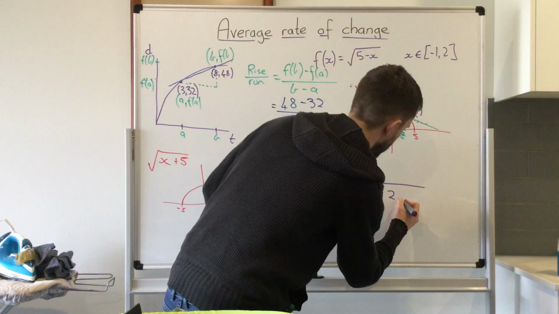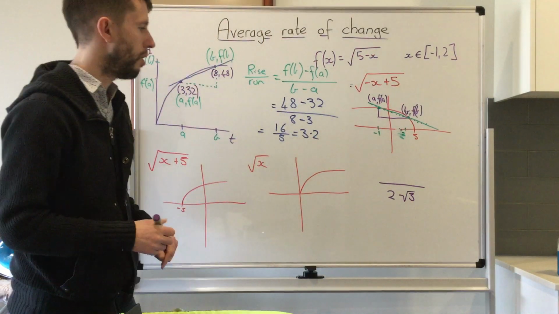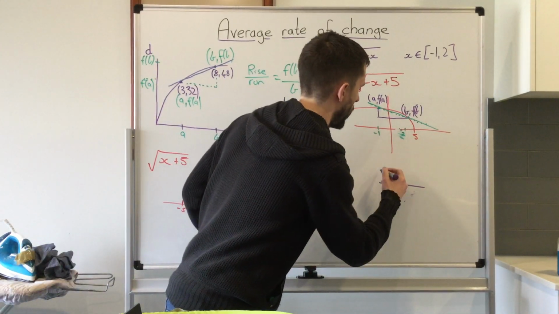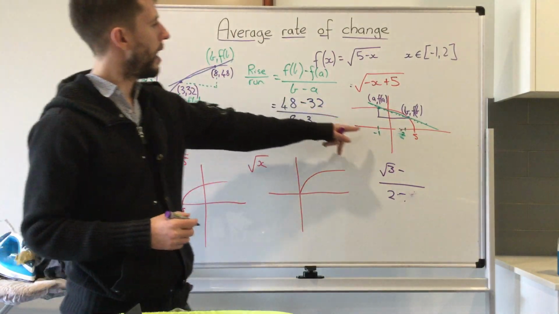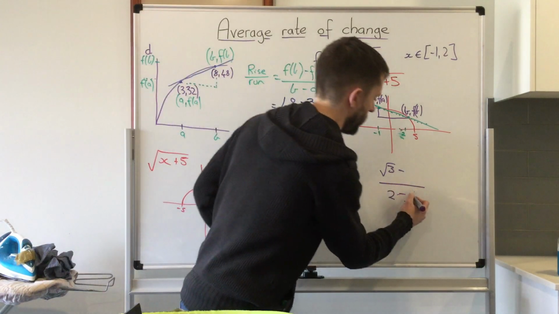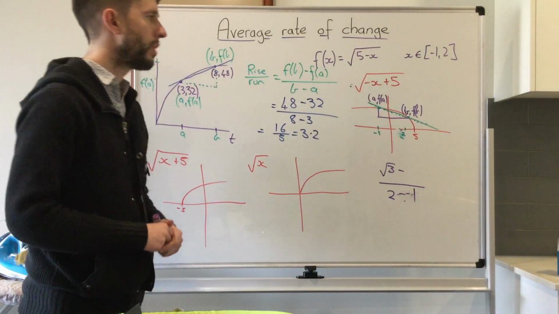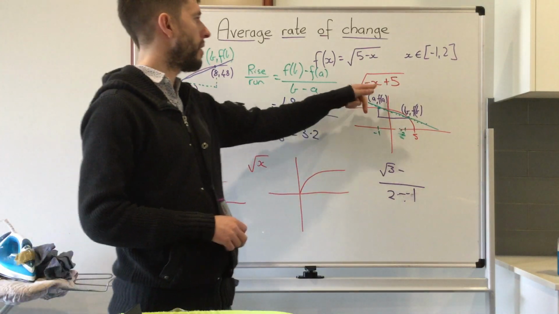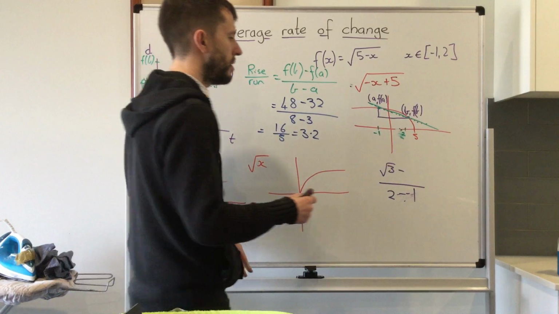So it becomes the square root of 3. Now we're going to look at A. I have A here, which is -1. And let's look at function of A. So if I put in -1, it becomes 1. 1 plus 5 equals 6.